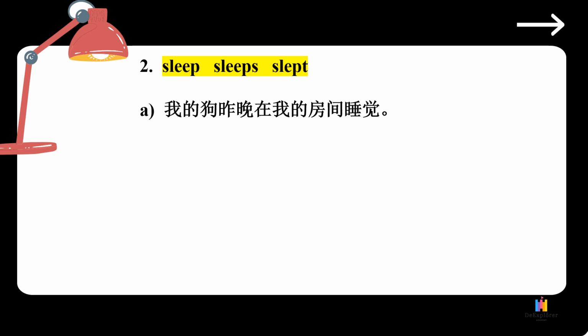Subject, verb, verb, 睡觉. Okay, so choose 哪一个睡觉, sleep or sleeps or slept. Okay, you have to check and see. Chinese say 昨晚. See, so when you say 昨晚, that means 过了. It's a past action. What is 昨晚 in English?